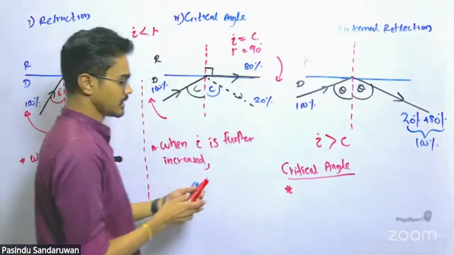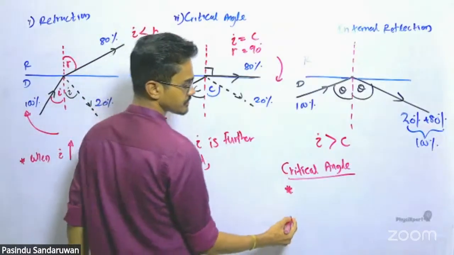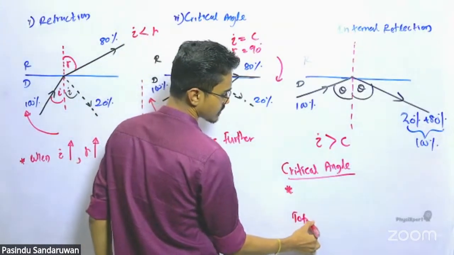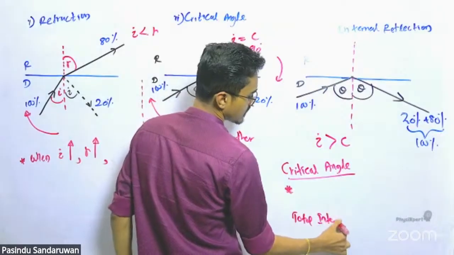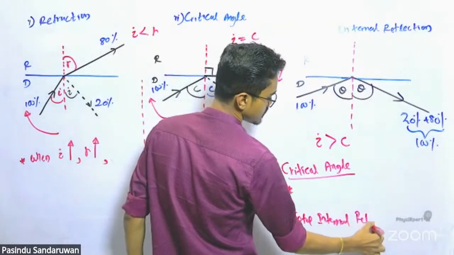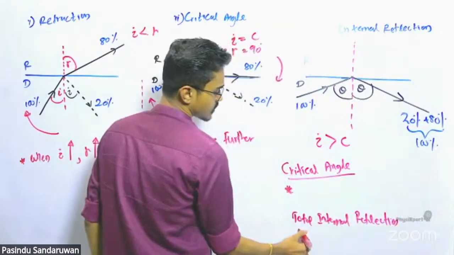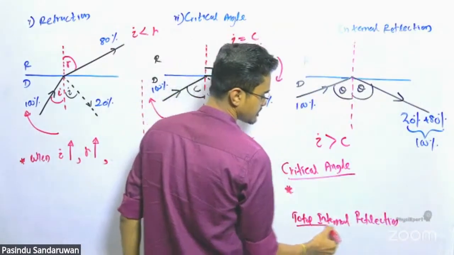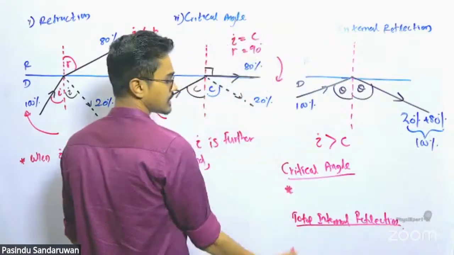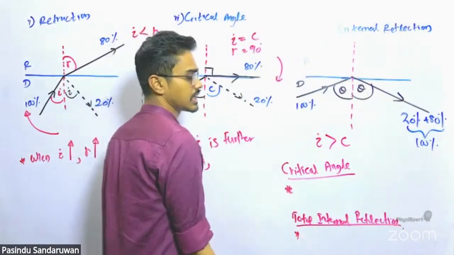Then next, total internal reflection. Right. Write down the definition in red.